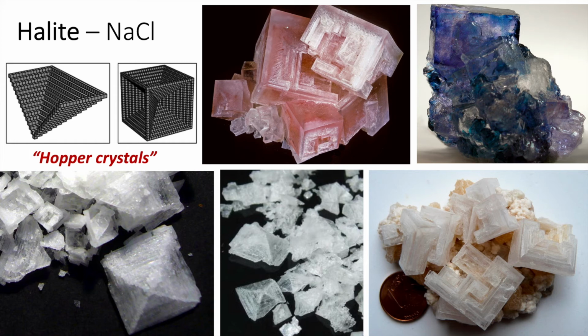And then what I really like, and maybe this is just because I'm a cooking nerd, are these pictures on the bottom here, which are an example of what we call hopper crystals. These crystals are forming as this picture in the top left shows. These are crystals where instead of the whole crystal growing at the same rate to form these cubes, the edges and corners of the cube are forming much faster than the faces of the cube.